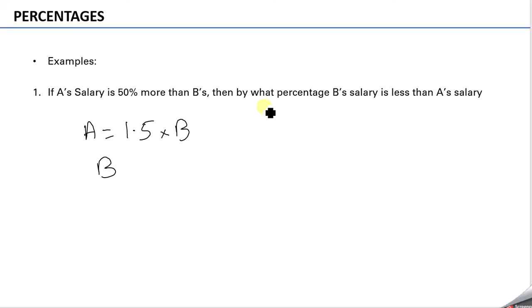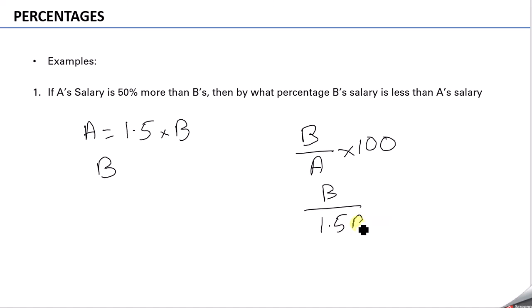Now what it is asking is by what percentage B's salary is less than A's salary. So again it is like X is what percent of Y, which we covered earlier in the first concept. So B by A into 100. B will remain B. A is 1.5B into 100. So B gets cancelled. 1.5 is 3 by 2.